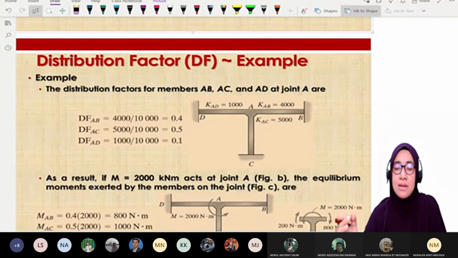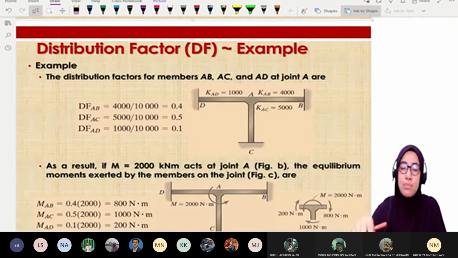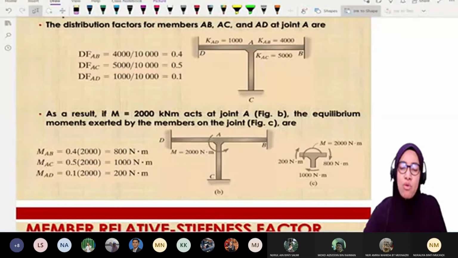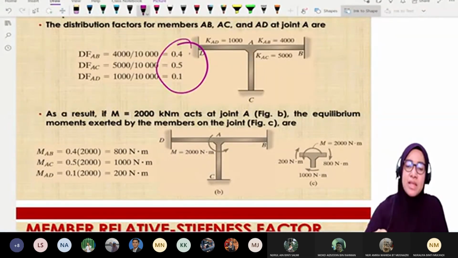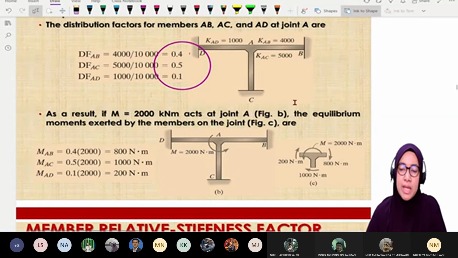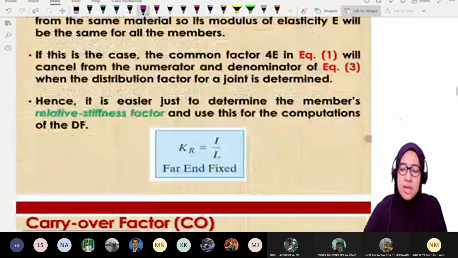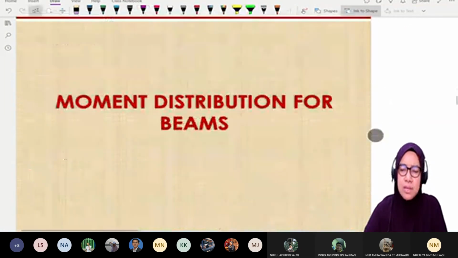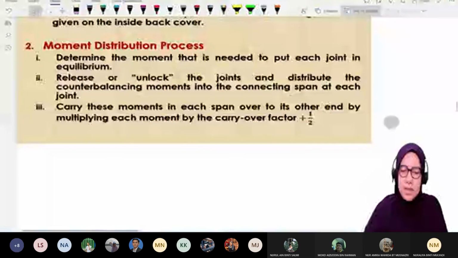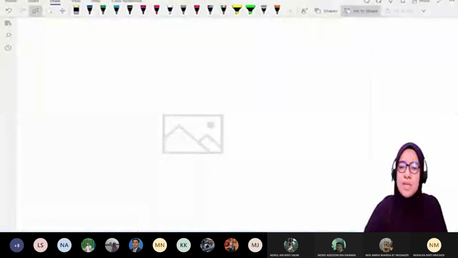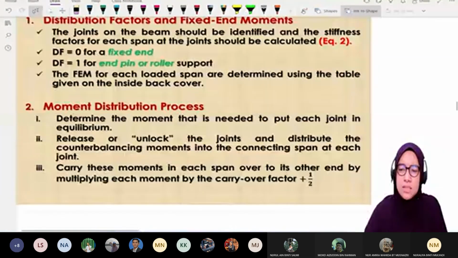Normally we will calculate K using the formula just now. Here it just shows the process. When we apply a moment, we multiply it by the distribution factor, which refers to the joint. We will do an example so that it becomes clearer.